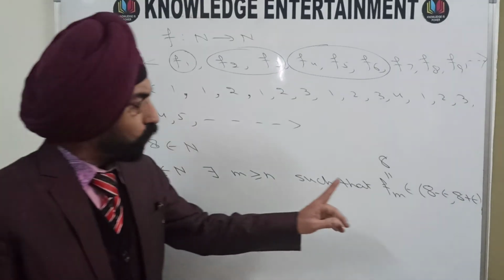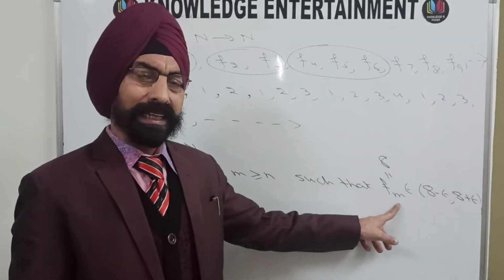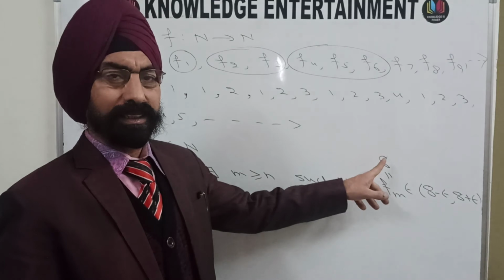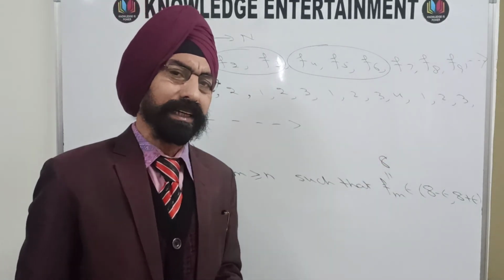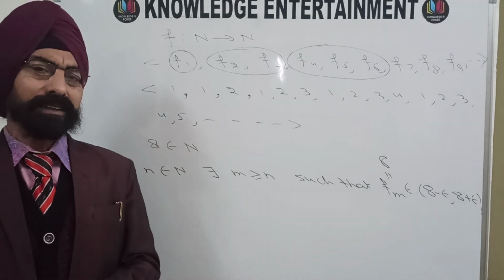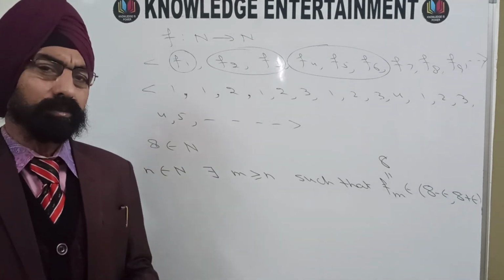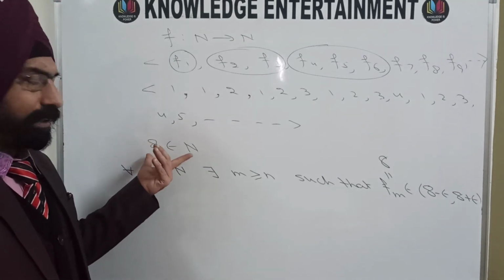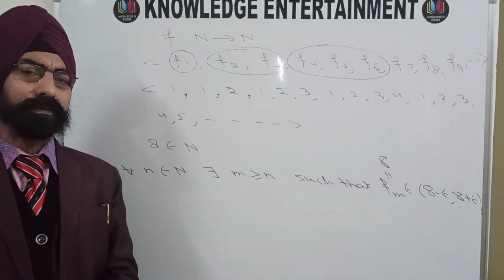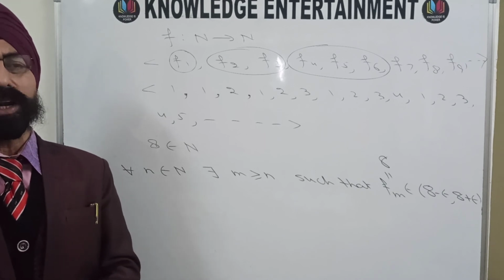So there will be one particular m in every subsequent set whose image will be 8. Similarly this is true for any natural number, and this 8 I have taken is arbitrary. So that means every natural number is a cluster point.